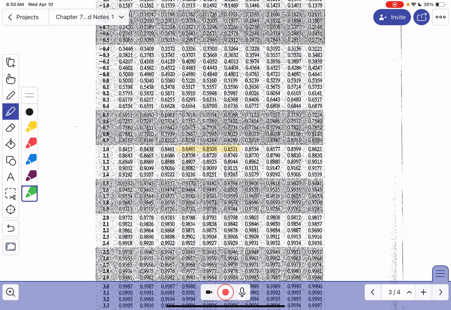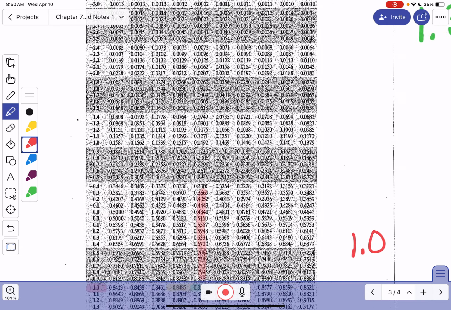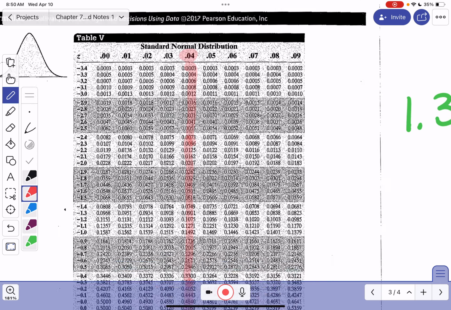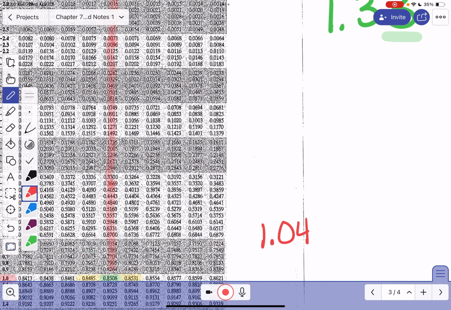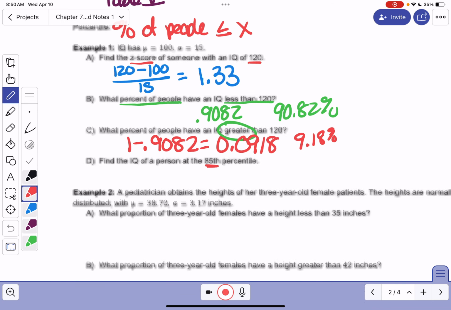And the one that's the closest is this, because this is below by 0.15 and that's above by 0.08. So our corresponding z-score is 1.0. And then if we also go up, we get 4 as our hundredths. So 1.04 is the z-score that goes with the 85%.